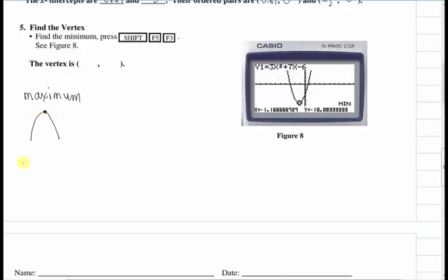Okay, and the other one is a minimum. That means that your parabola opens up. It looks like a valley, and you're looking for the lowest point in the valley or the minimum point of your vertex.